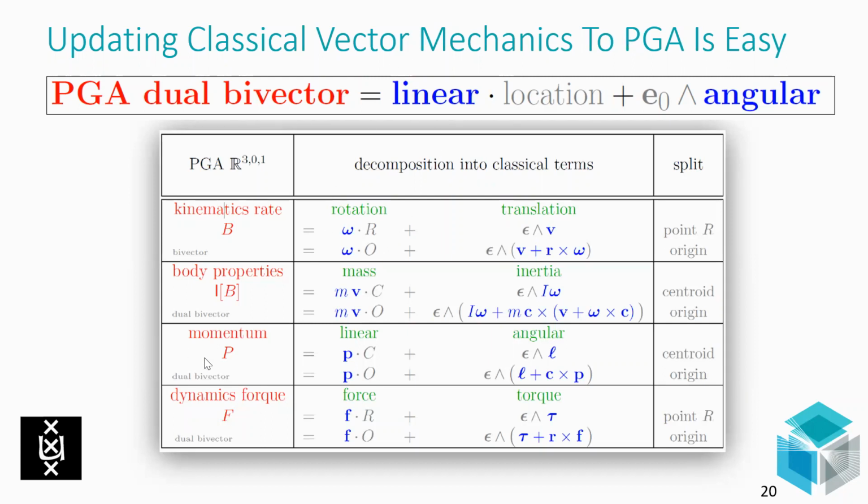If you have something like, let's say, the momentum, then classically you have P and L, the linear momentum and the angular momentum. And in order to make this invariant bivector that handles so nicely and that is universally integratable, you just have to form the bivector element out of those two components by saying, I know where the linear momentum P is, and that is at the centroid.